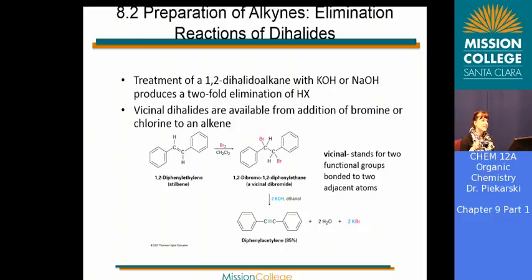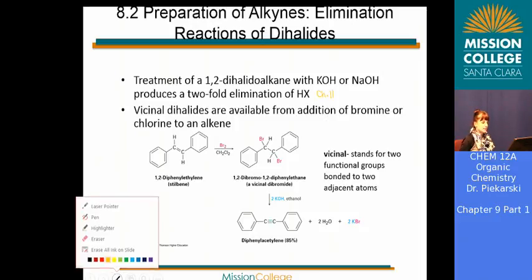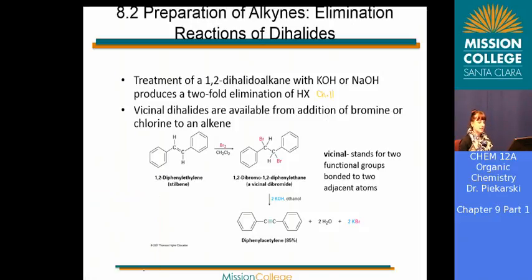Strong bases, it produces a twofold elimination of the hydrogen halide and the alkyne. And so this one, remember, we're going to study more about elimination reactions in Chapter 11. So we'll get to that a little later in the game.